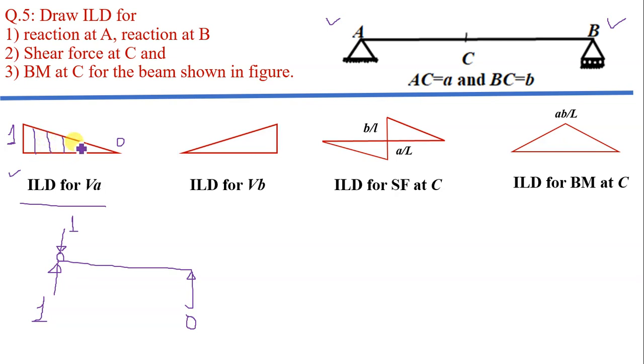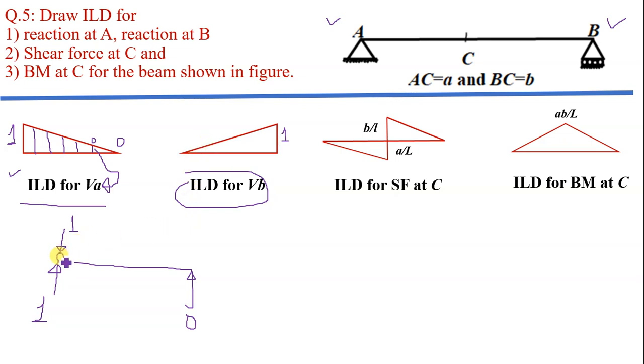So these are the values of reaction at A when the unit load is at this position. Similarly, this is the influence line diagram for VB. Here the maximum ordinate is at B. When the unit load is at B, the reaction at B is equal to 1. When the load is moving from B to A, the value of VB changes like this.